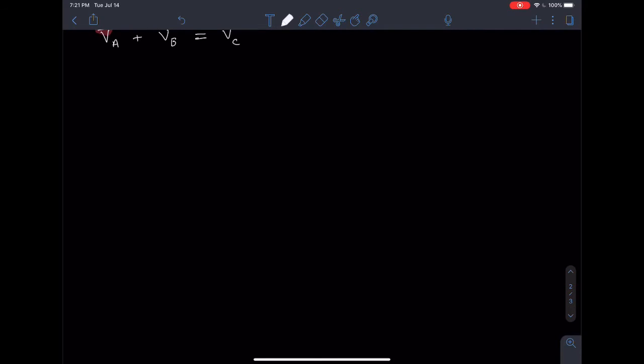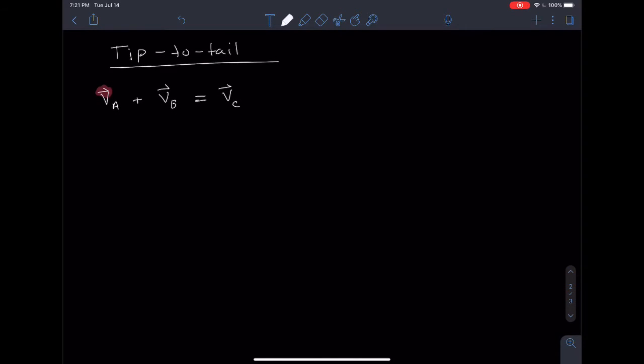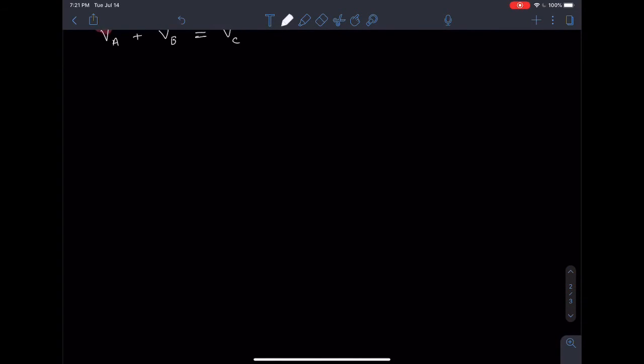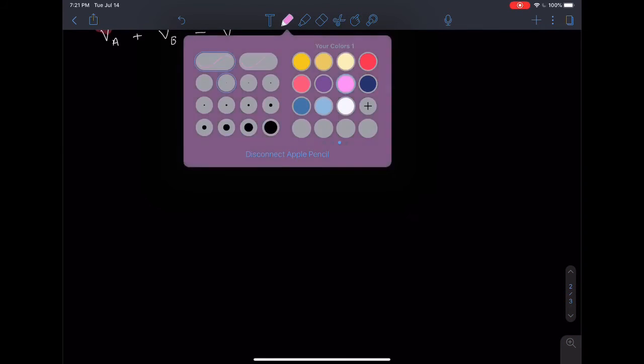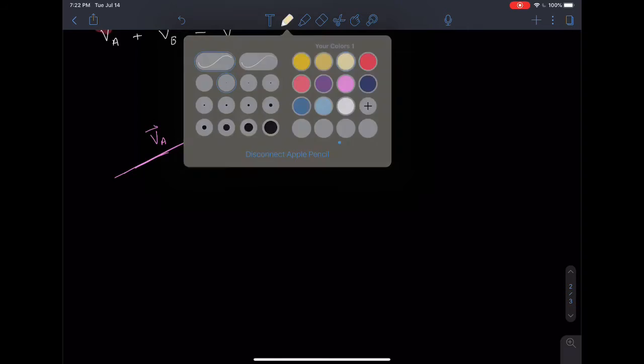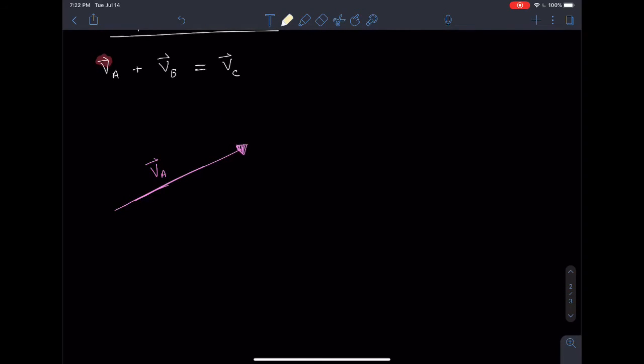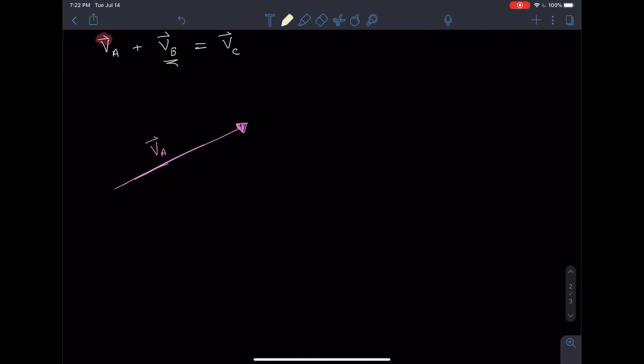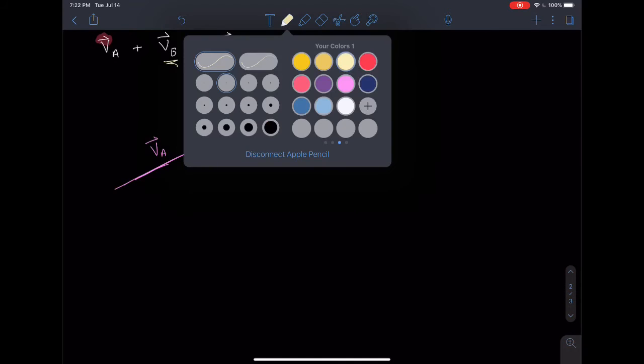Now, how can we show this? If we're using the tip to tail method, we can do something that looks like this. Let's draw vector A in this nice pink color. This is vector A. Now we're going to have to connect vector B. We have to connect the tail of vector B to the head of vector A. What do I mean by that?